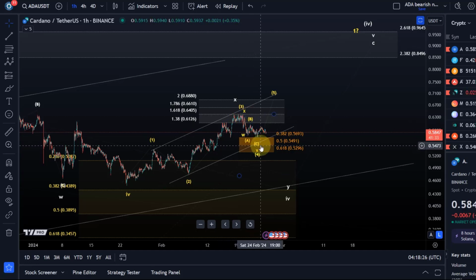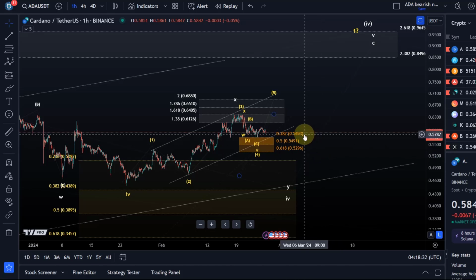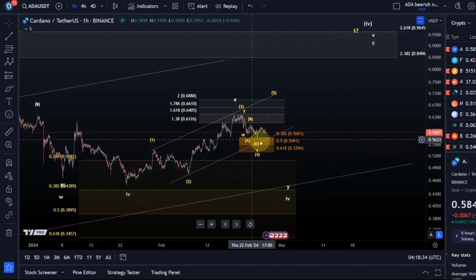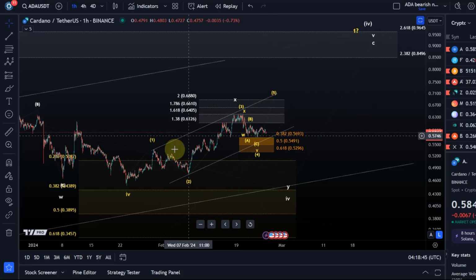Then we can add a micro support area, which in this case is between 52.9 cents and 56.9. And as long as this support area isn't broken, we can watch for one more high. And then we have 5 waves, and then we can build on this.